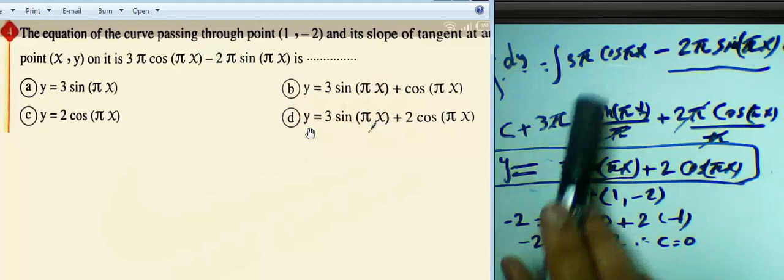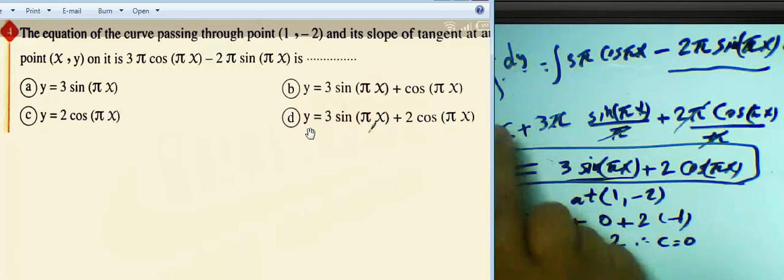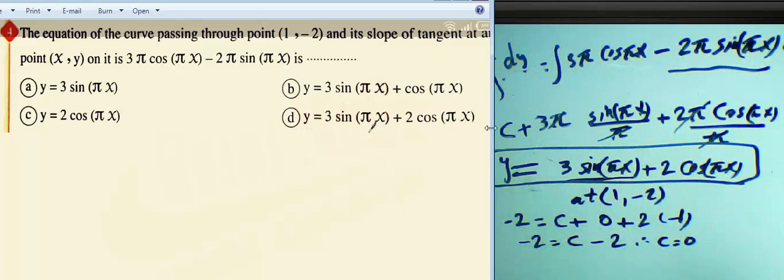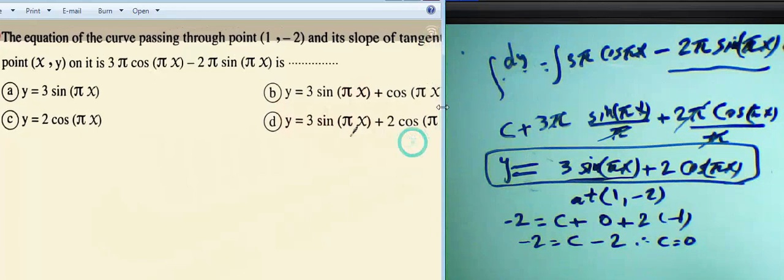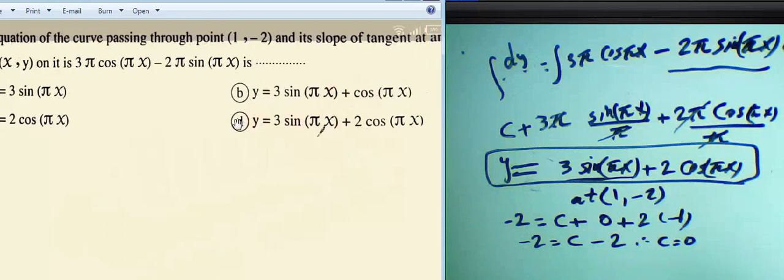We know dy over dx equals this function, and we can integrate. Integration of dy will be y, and we have the constant here. Put x equal 1 and y equal -2, then the constant will be equal 0. Then you get the equation y equals 3 sin x plus 2 cos x. Choose letter D.